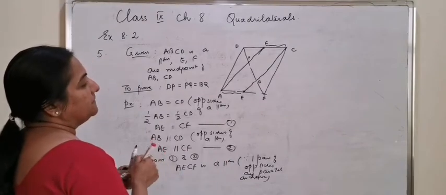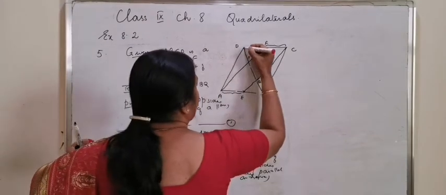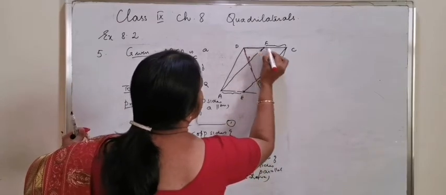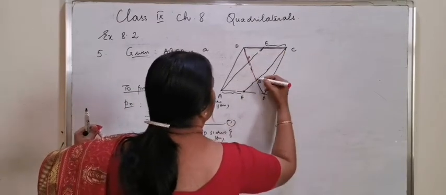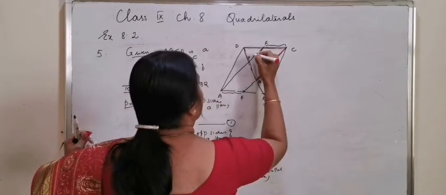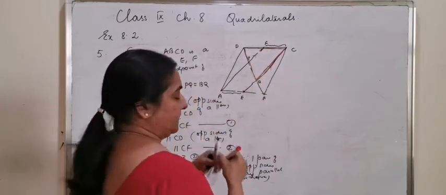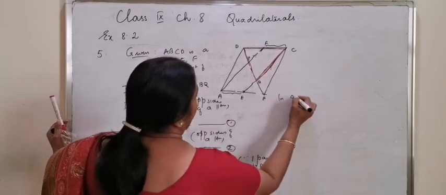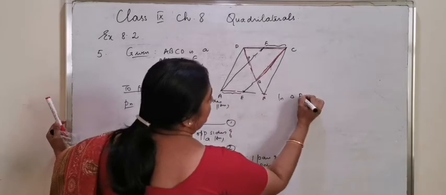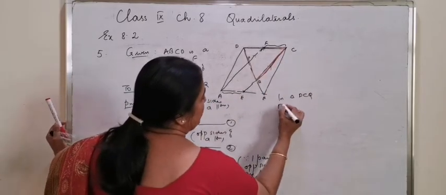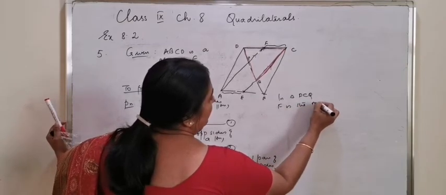In triangle DCQ, F is the midpoint of DC.